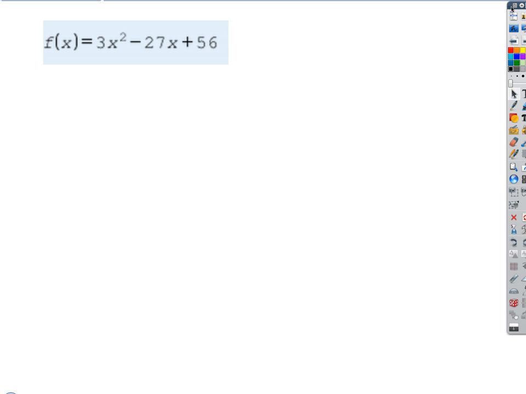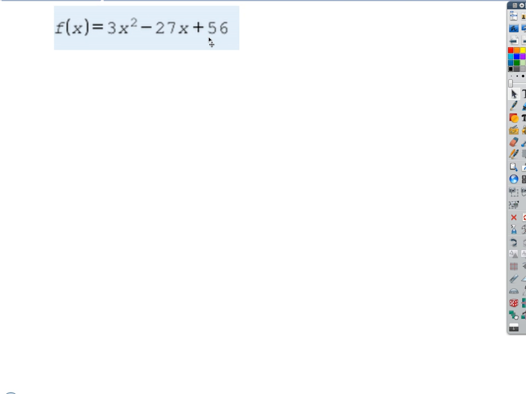Okay, so we're supposed to convert this to vertex form. What's that mean? Put it in vertex form. What is vertex form? So we've got to convert this to y equals a times quantity squared.